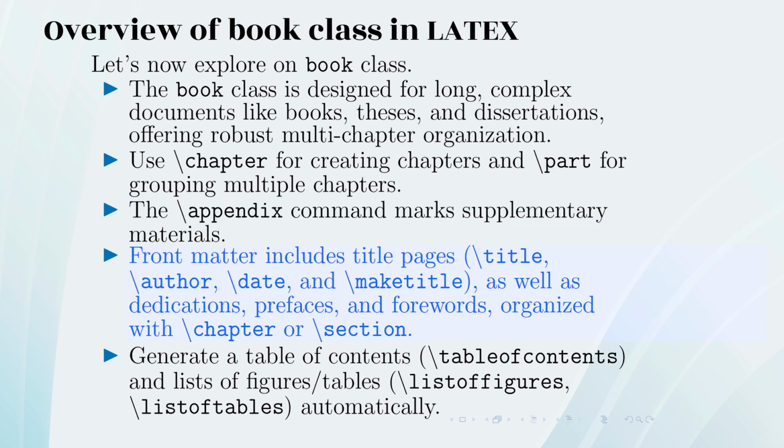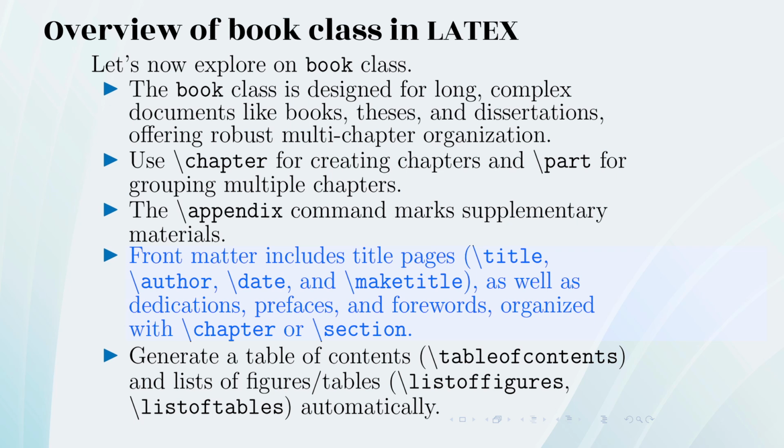The front matter in the book class includes several key elements that help organize and present the document professionally. The title page is created using the title, author, and date commands, followed by the \maketitle command to display the title page. This is the same as the article class.